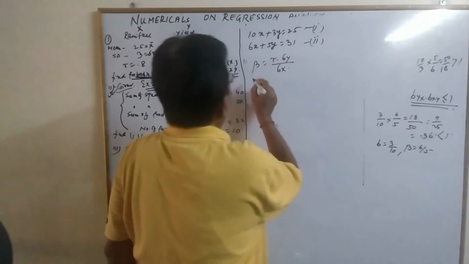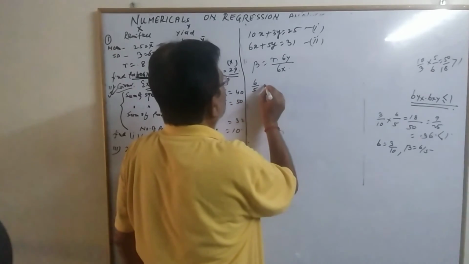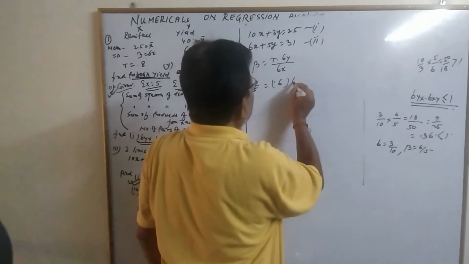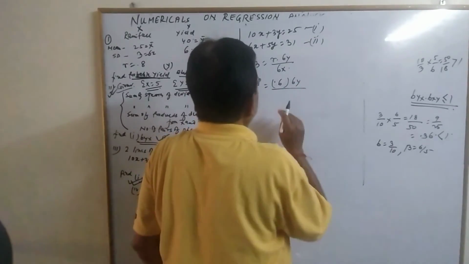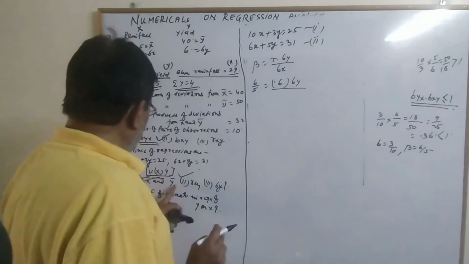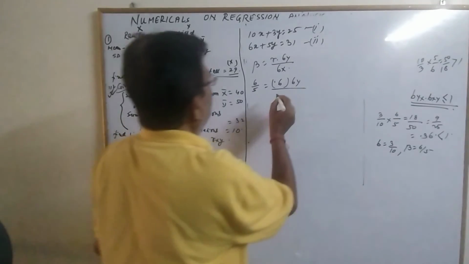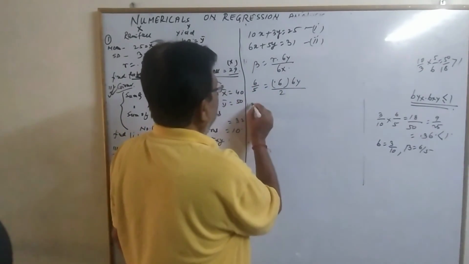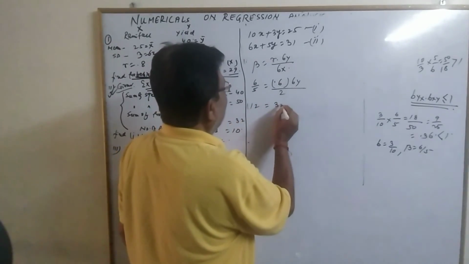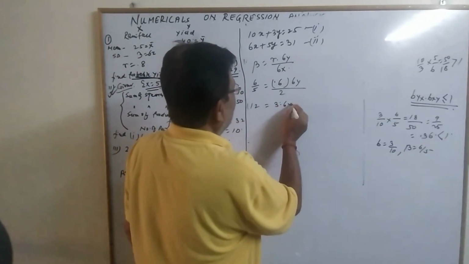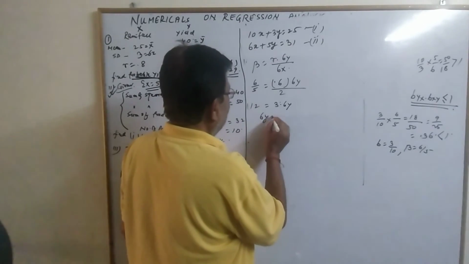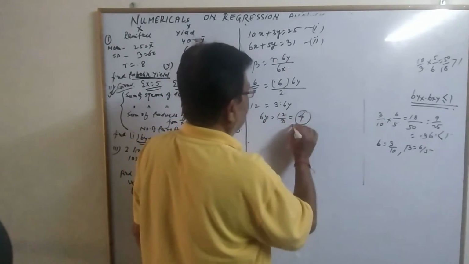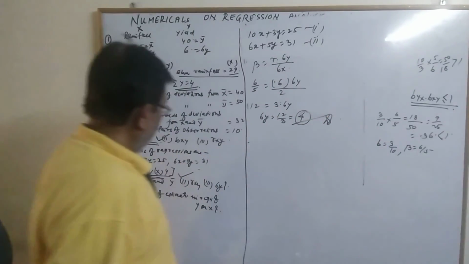Beta is 6 by 5, r is 0.6, sigma y has to be calculated, and variance of x is given as 4, so sigma x would be 2. Now do the cross multiplication. So 12 is 3 into sigma y, and sigma y is 12 by 3, and it is 4.